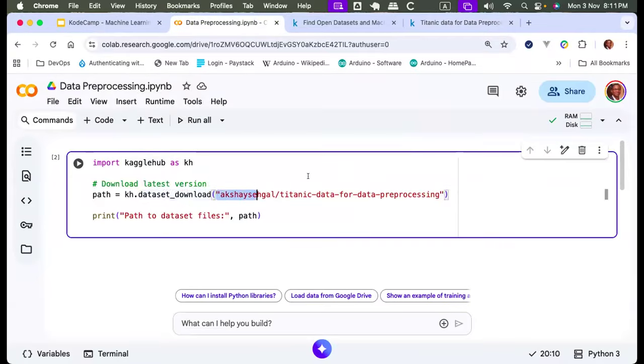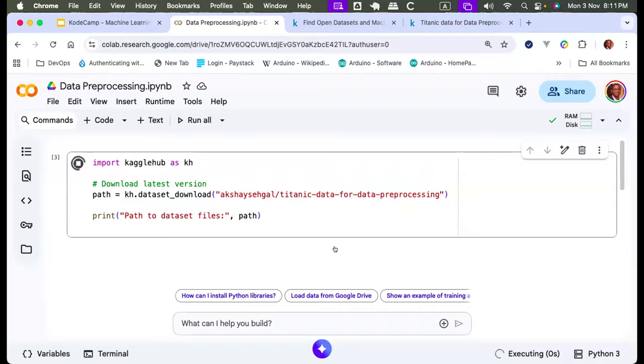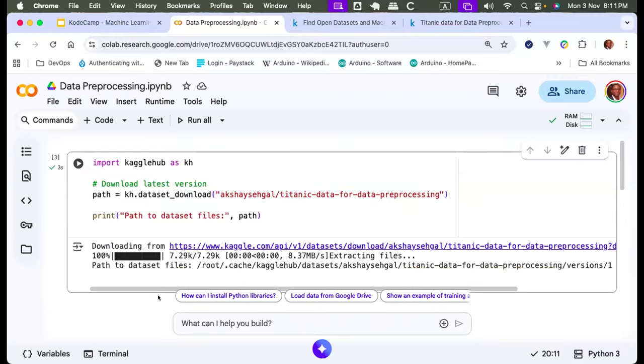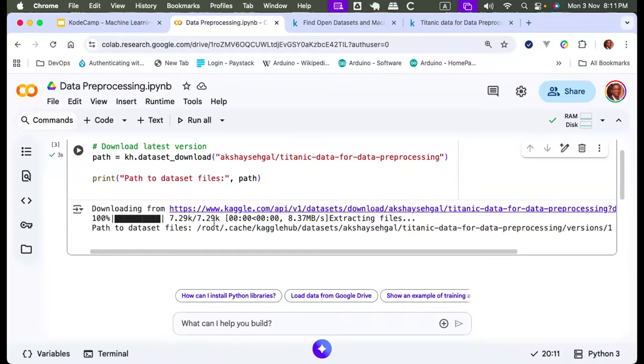This is the name of the dataset that contains Titanic. It's namespaced. This is the owner of the dataset, and this is the name of the dataset. So I just get the path. Let me see if this works, right? I click on print. So it's going to download it already. You can already see the code is running, it's downloading that dataset, and it has cached it somewhere. So this is the path.